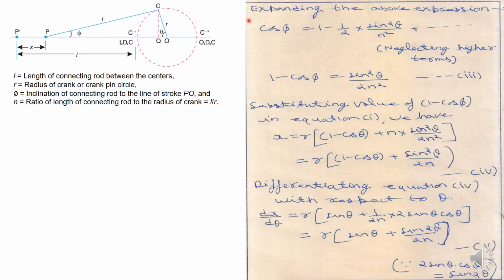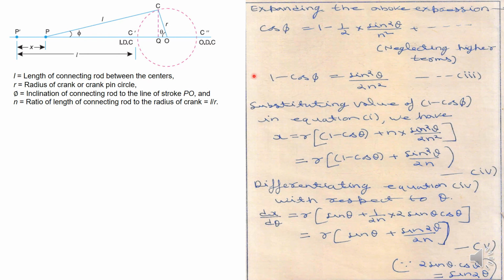Now expanding the previous expression, cos phi is equal to 1 minus (1 minus 2 multiplied by sin square theta upon n square), and further neglecting the higher terms, 1 minus cos phi is equal to sin square theta upon 2n square.